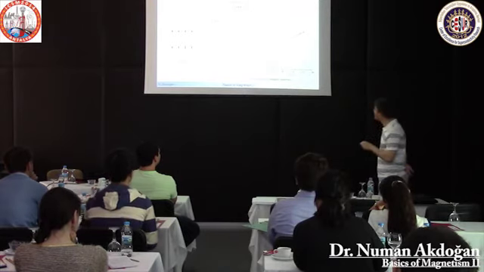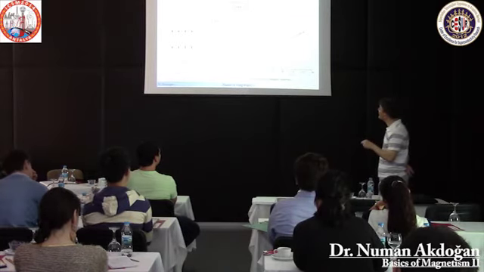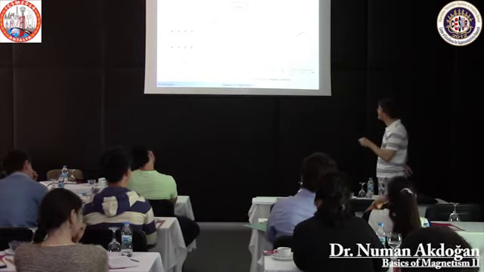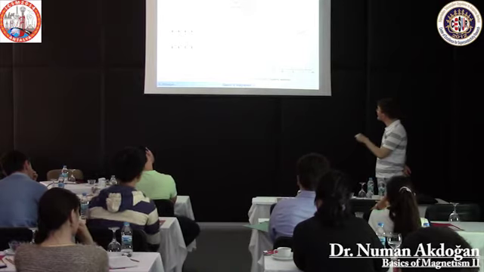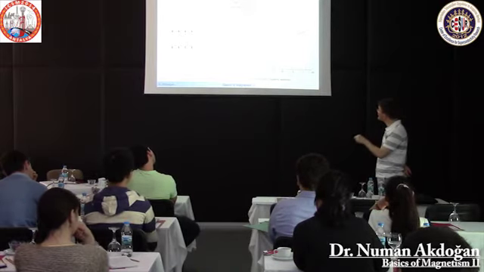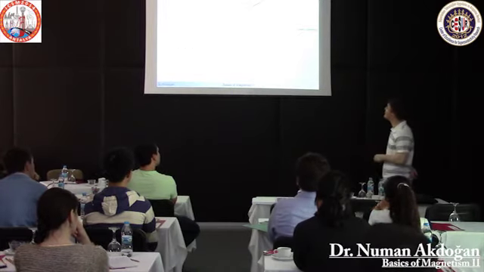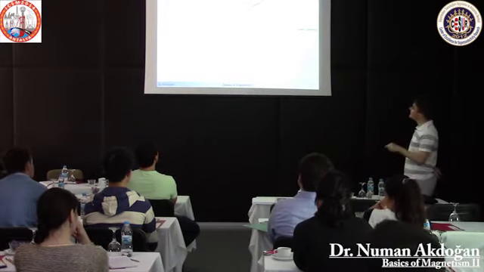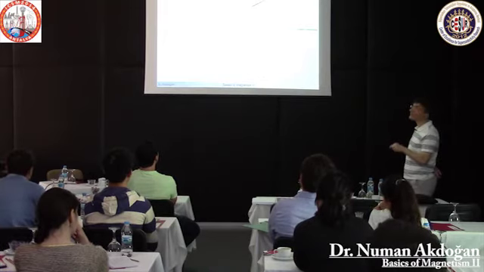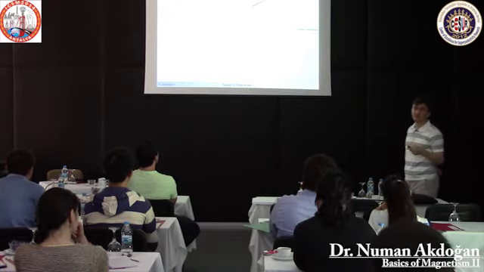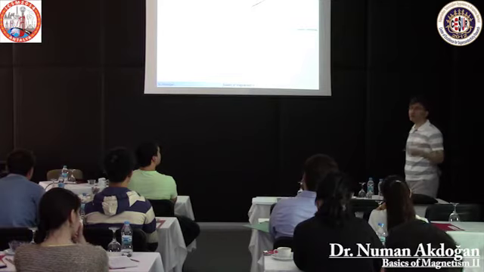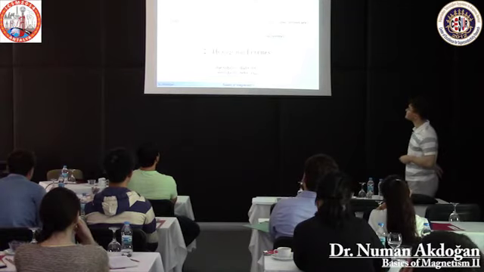And this is the susceptibility behavior. In ferromagnetic materials, reverse susceptibility is linear with temperature, but ferrimagnetic materials have this type of behavior. And the ferrimagnetic materials also have hysteresis curves like ferromagnetic materials.